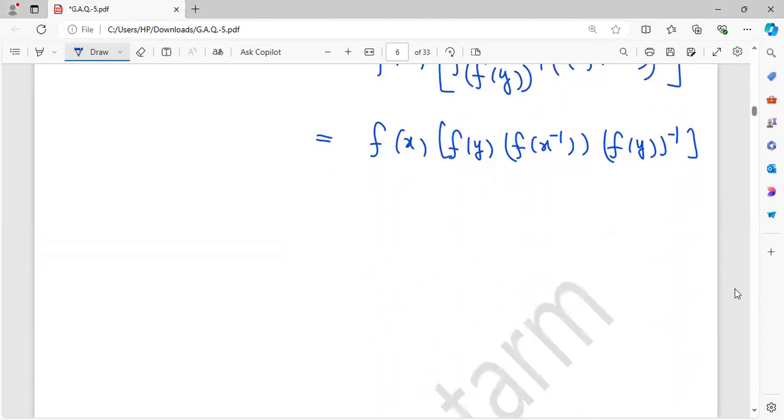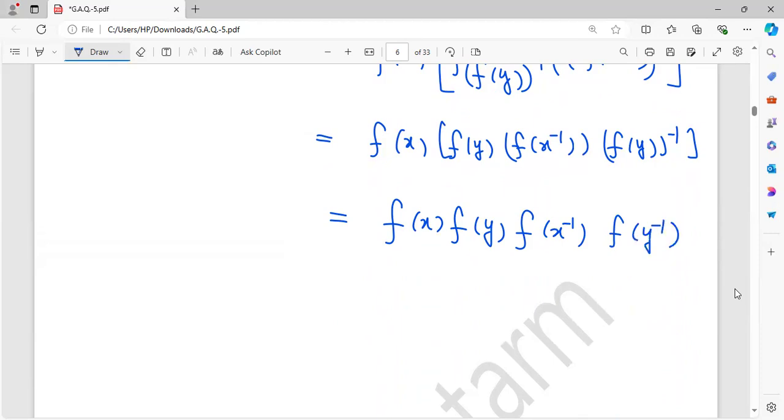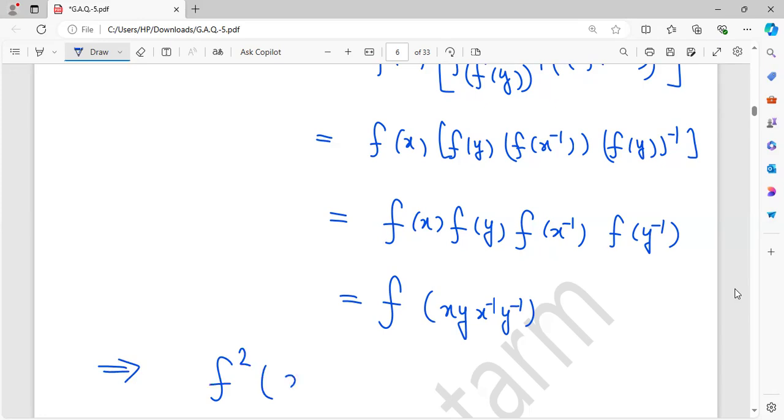Now what is this? This is f x, f y, f x inverse, and f y inverse. By the property of homomorphism, what we have: x y x inverse y inverse. So f square of x y x inverse y inverse is equal to f of x y x inverse y inverse.